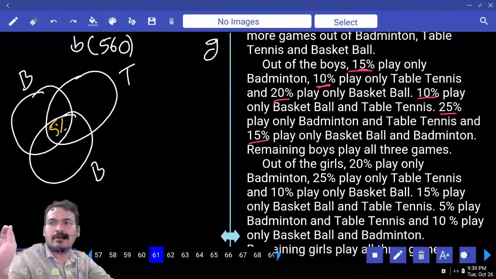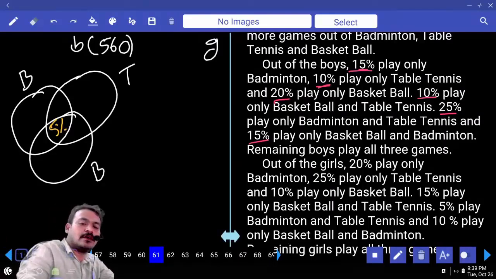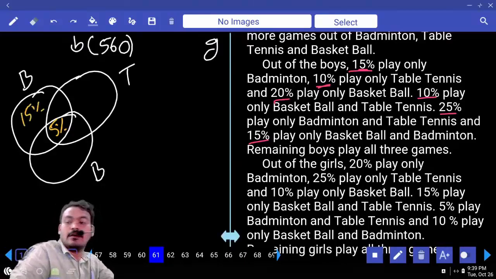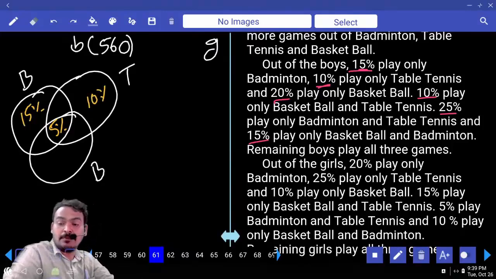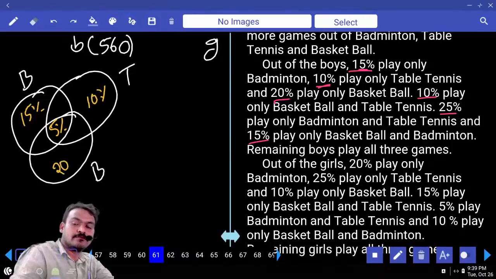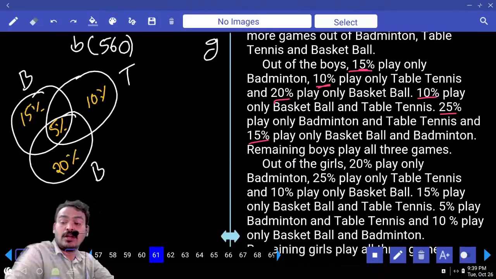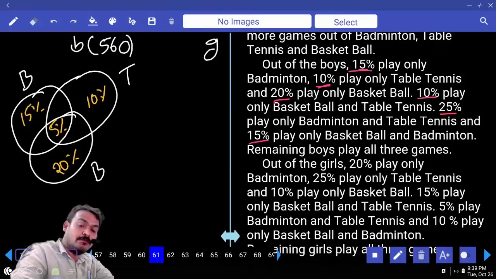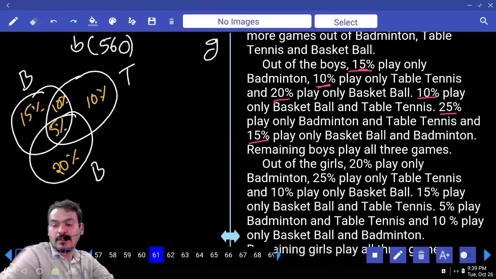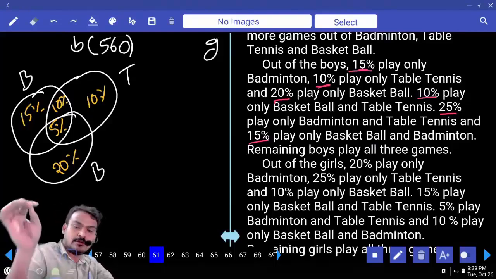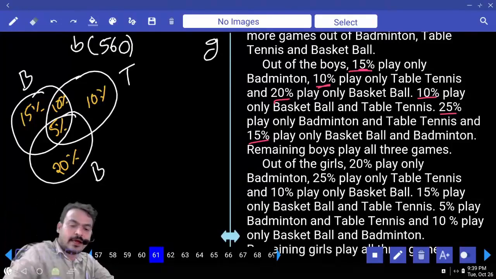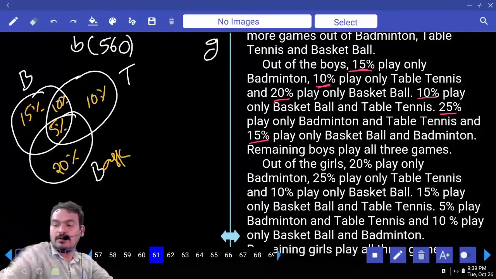We use an easy format. Okay. First one, only badminton is how much percent? 15%. Only table tennis is 10%. Basketball only 20%. Next, 10% play only basketball and table tennis. Means here the percentage is 10% or not. Next one, 25% play only badminton and table tennis.